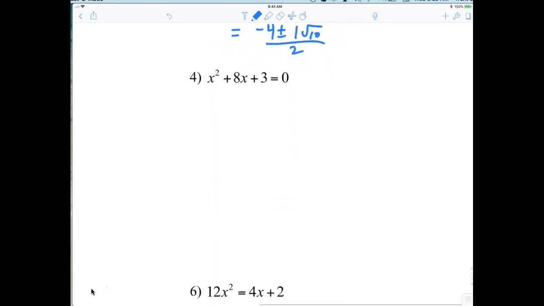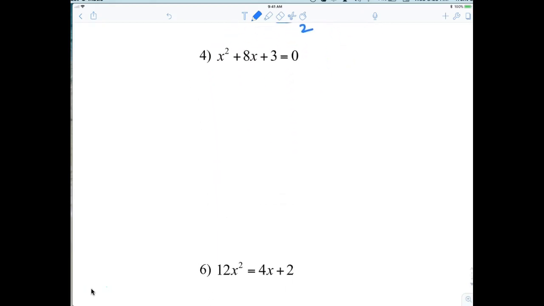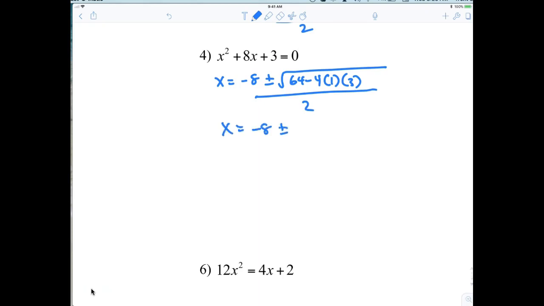All right, let's try the next one. So we'd say negative b plus or minus the square root of b squared minus 4. Well, this was like the same problem, right? X equals negative 8 plus or minus the square root of 52 over 2.